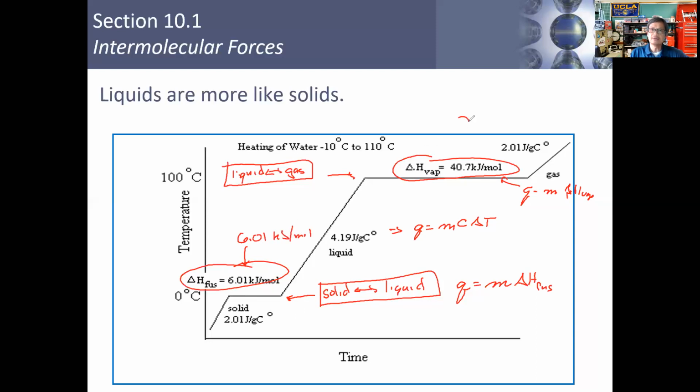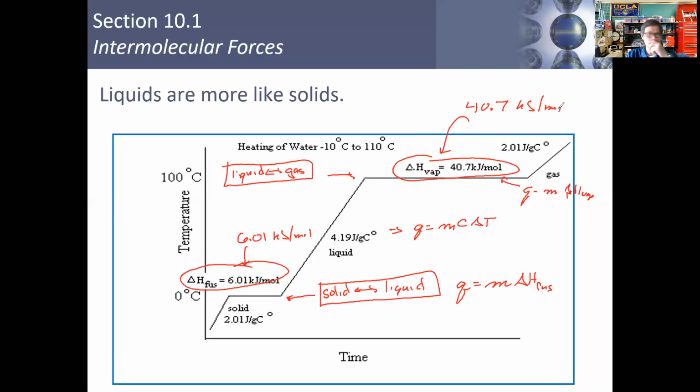Take a look and compare that to the heat of vaporization for water, which is 40.7 kilojoules per mole. It's almost 7 times more energy needed to vaporize liquid water than to melt ice.